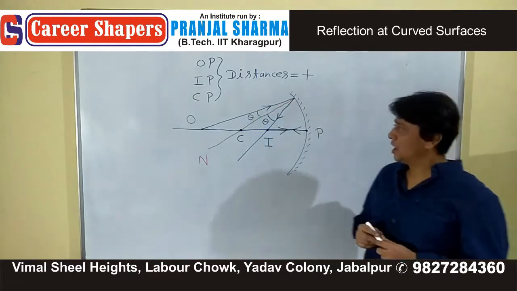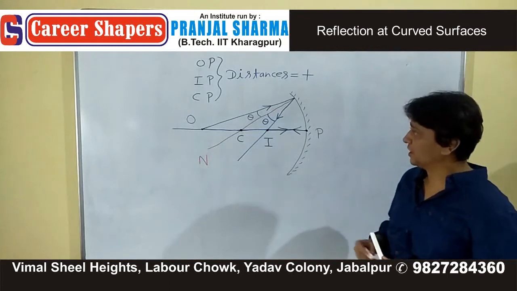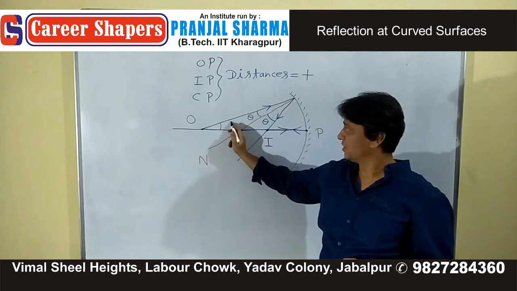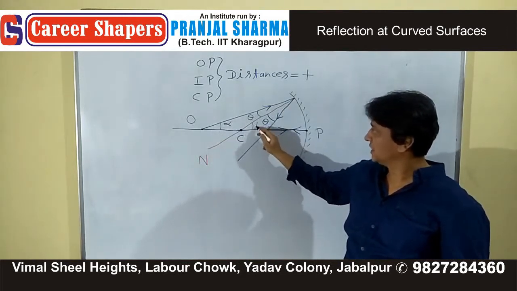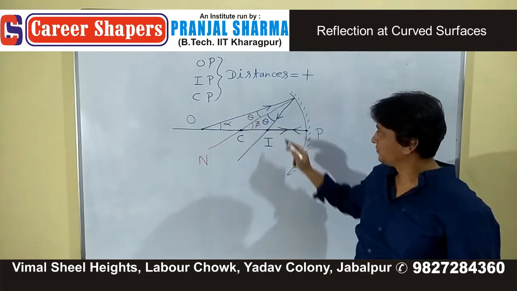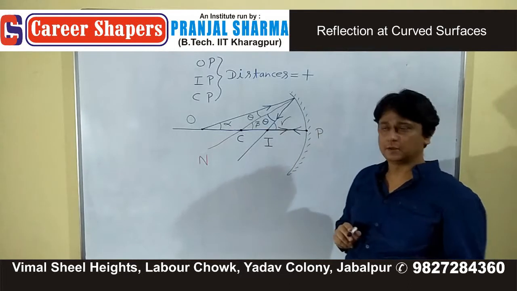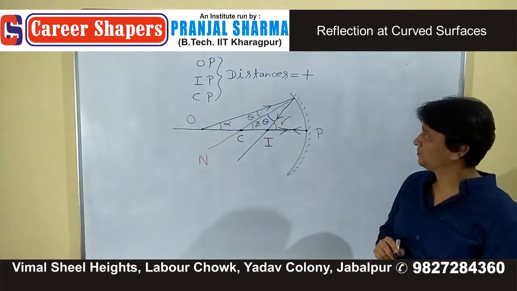Now, how to find the relationship between these distances? Look here. Say this angle is alpha, this angle is beta, and this angle which you see is gamma. Alpha, beta, and gamma.